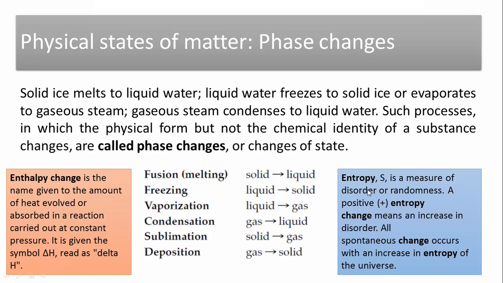And when the entropy is positive, this is a spontaneous change. And when the entropy is negative, that is a non-spontaneous change. So enthalpy and entropy play a role in these different phase changes.